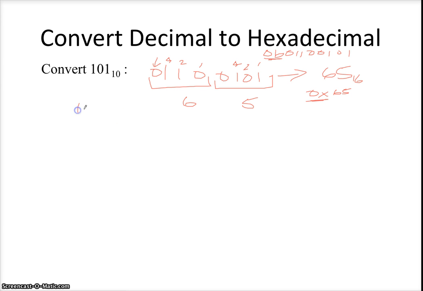So we had 101. I'm going to divide it by base 16. So I'm going to set up my calculator so that I'm not wasting too much of your time. So 101 divided by 16 will give me 6 with a remainder 5.